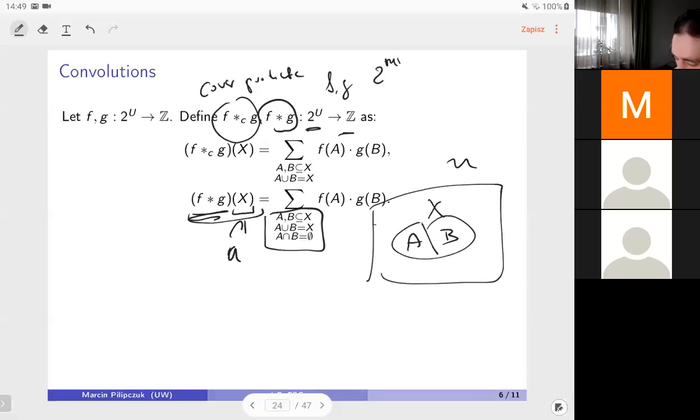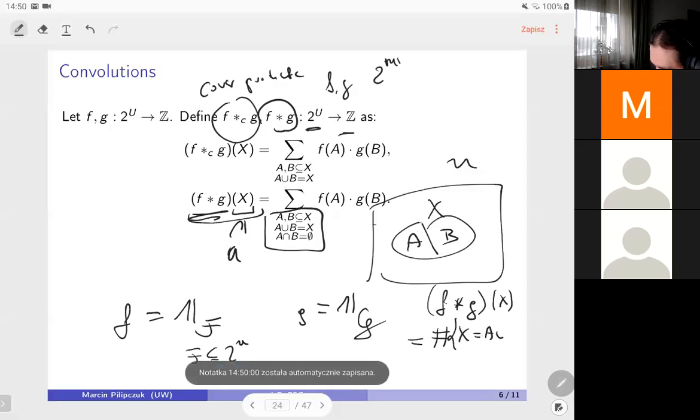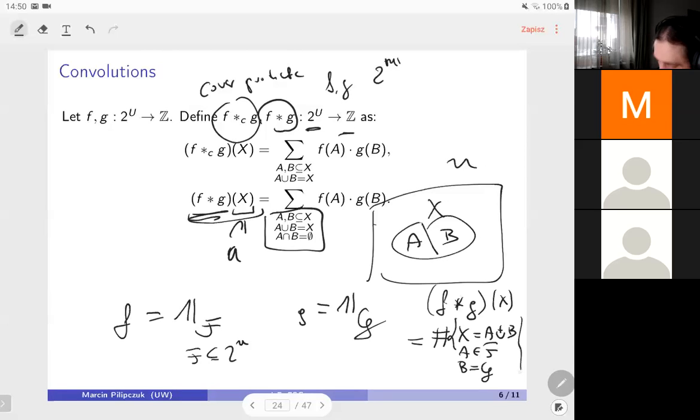So if you think of f as being the indicator function of some family of subsets, and g being the indicator function of some family of subsets, then the product at x will be the number of partitions of x into a plus b, such that a is in f and b is in g, and this is a disjoint sum.